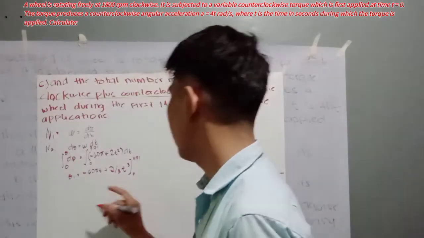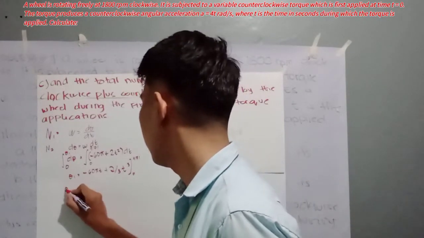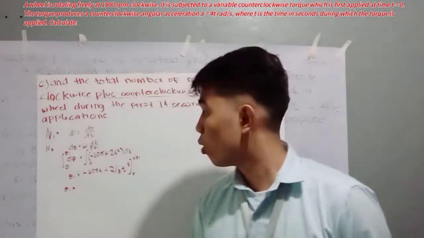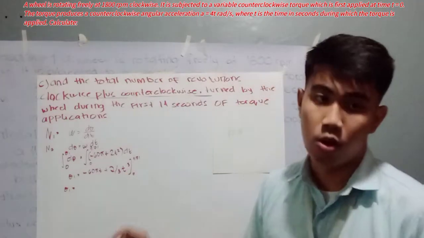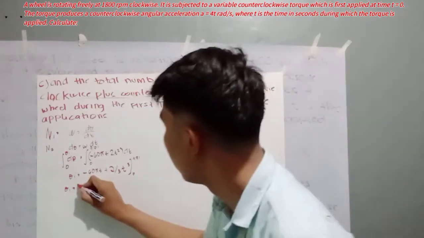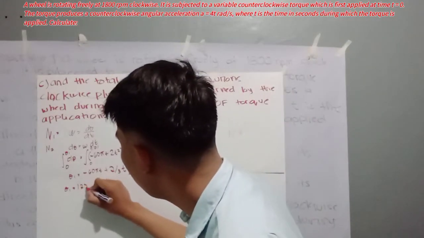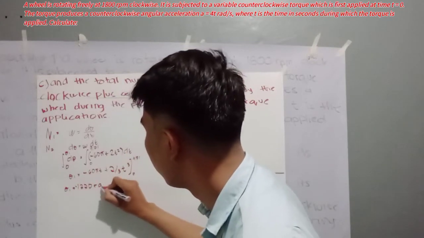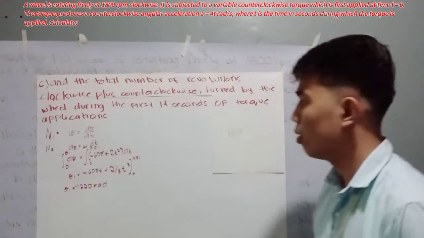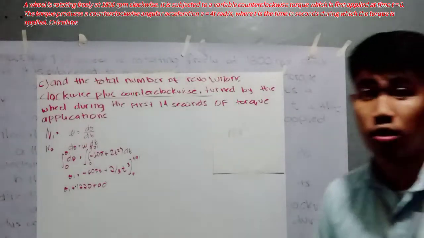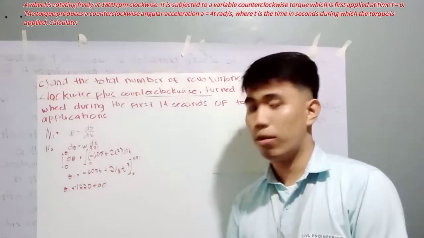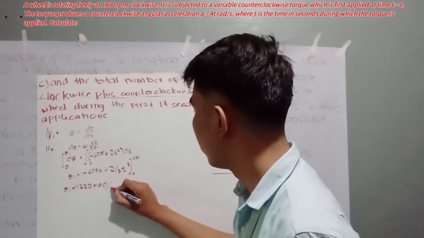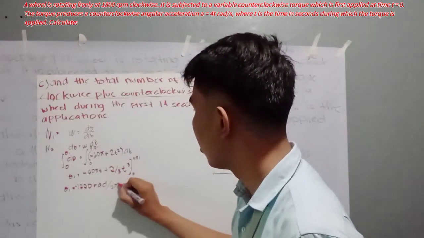Solving, theta 1 is negative 1,220 radians. Let's convert it to revolutions by dividing by 2 pi.